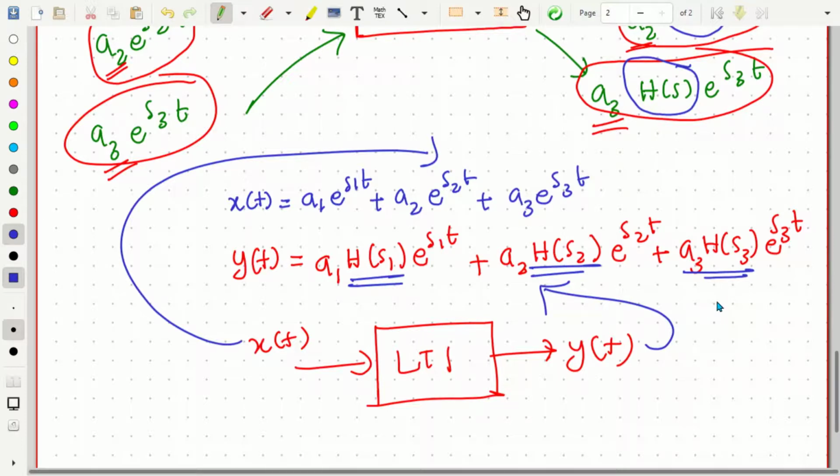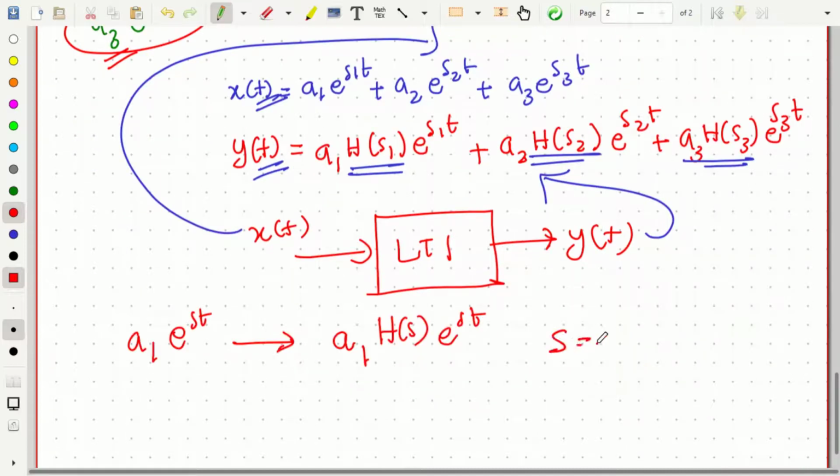So from this we can conclude that if the input of an LTI system is represented as a linear combination of complex exponentials, then the output also can be represented as a linear combination of the same complex exponentials multiplied with some complex constant value H of s. That is the conclusion we get from this particular idea.